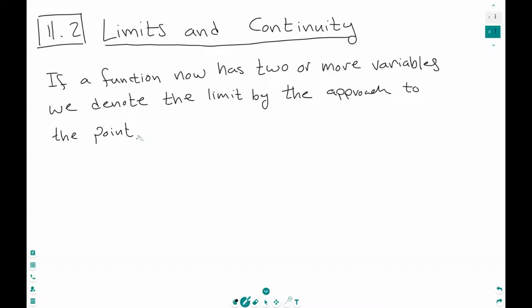So rather than when you have functions of one variable, where you're letting x go to, say, a, you might now have what we'll write as the limit as the point (x, y) goes to some other point that we'll call (x naught, y naught) of our function.